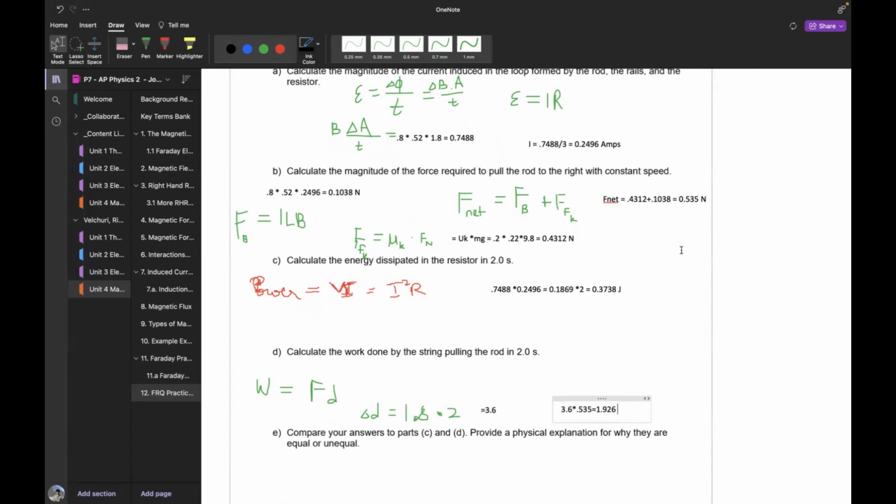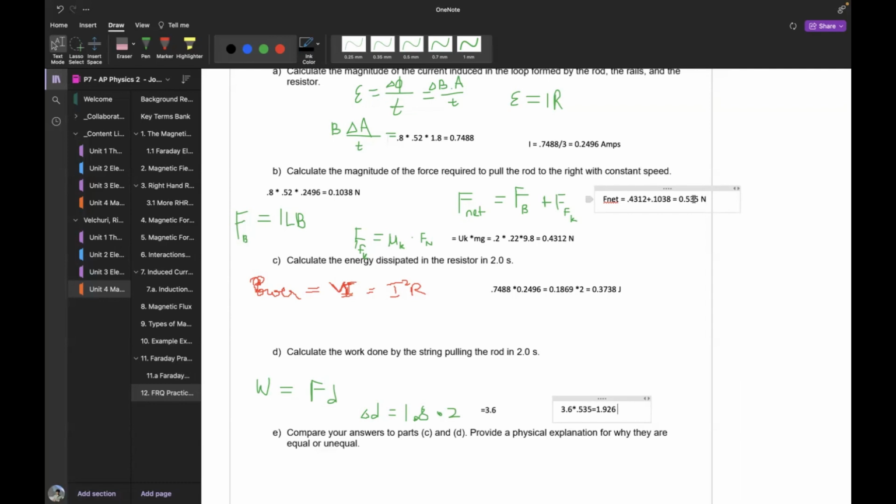Sorry, heat dissipated won't be equal to work done, because some amount of work is done in moving the rod. So actual work is done. I was wrong. All the energy is not going in dissipation. The rod is also moving. Okay, this is not correct. This is correct. What I was thinking was wrong.